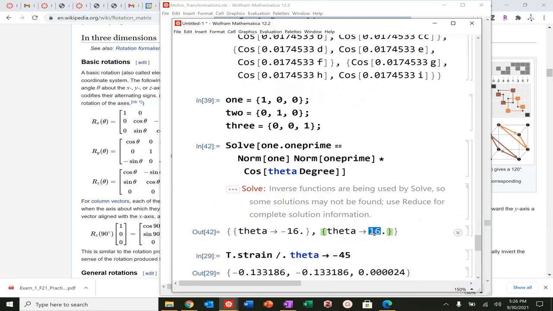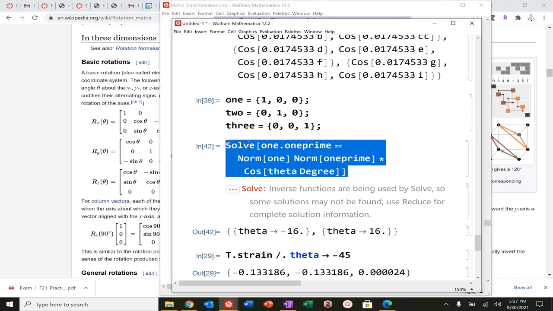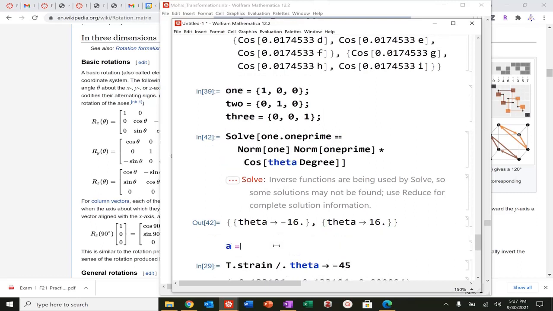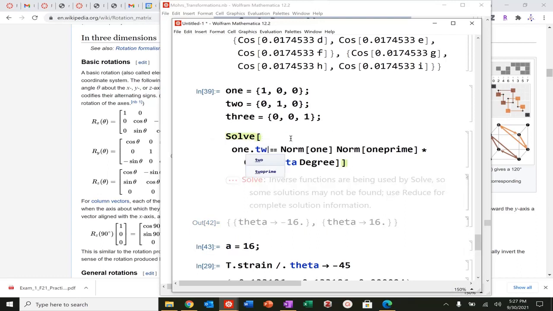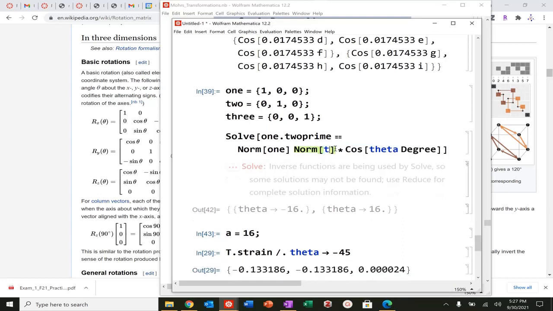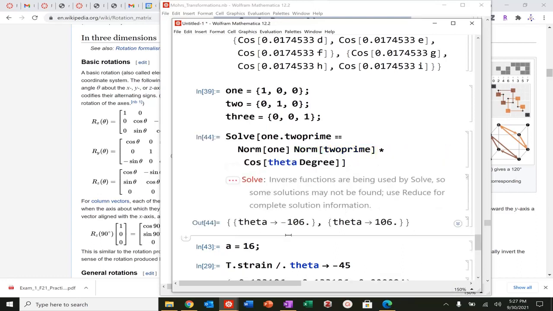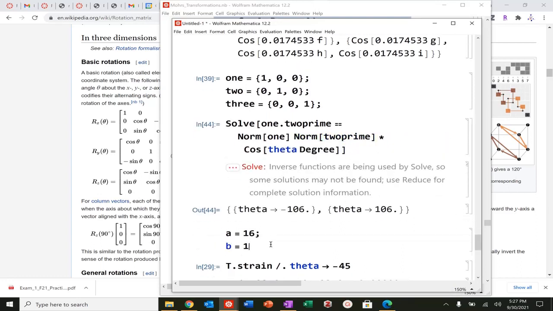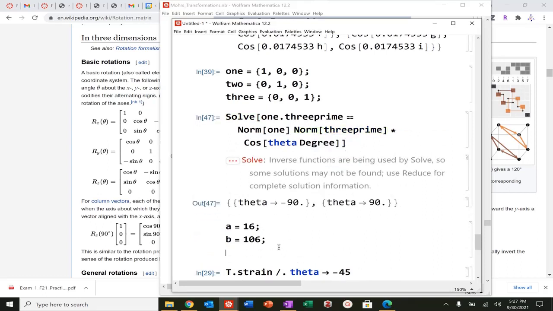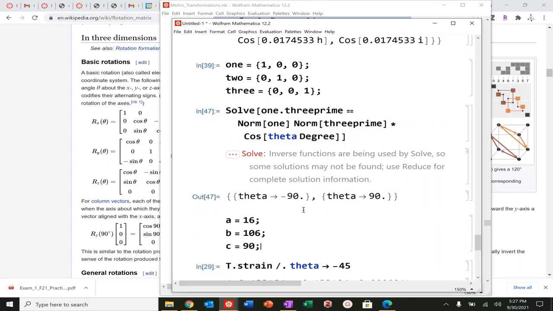My theta here is 16, so A is equal to 16. You can write that down. B is going to be between 1 and 2 prime, so B is equal to 106. You could probably do this in your head, but why risk it? 3 prime, it's not too bad. 3 prime, 90, so C is equal to 90.